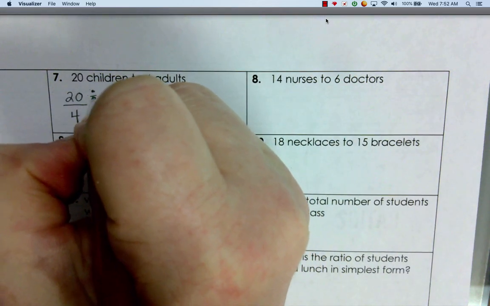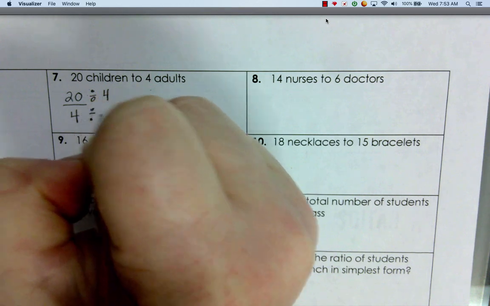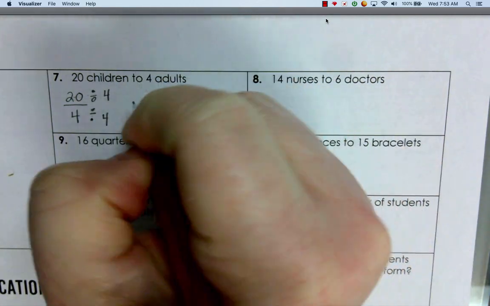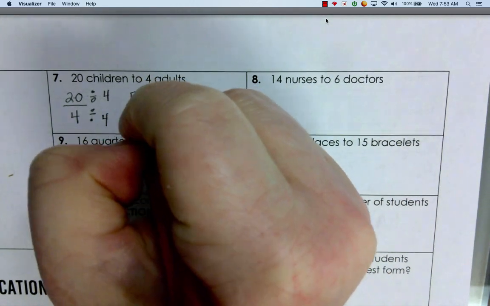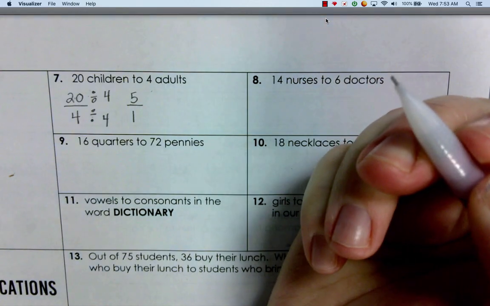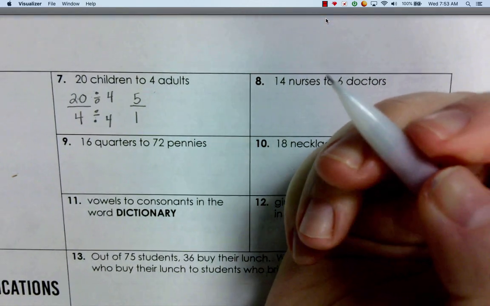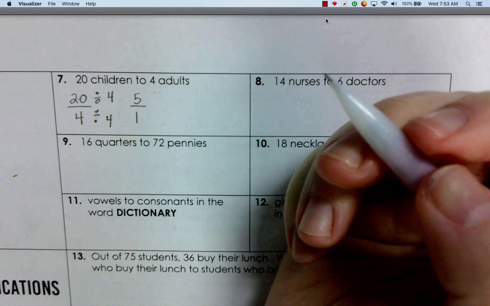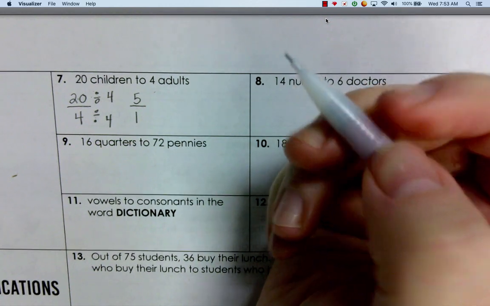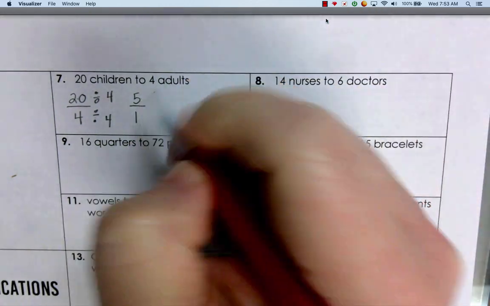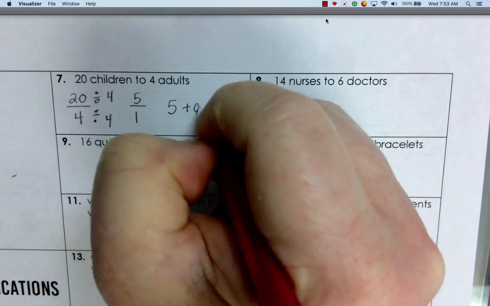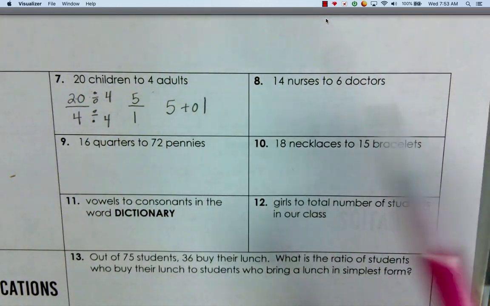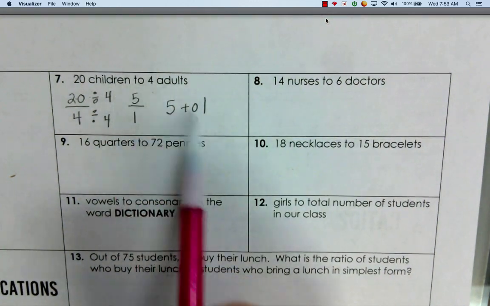So 20 divided by 4 is 5. 4 divided by 4 is 1. Do not put 5. We're not simplifying a fraction, we're simplifying a ratio. So you have 5 to 1. What this really means simplified is 5 children to 1 adult.